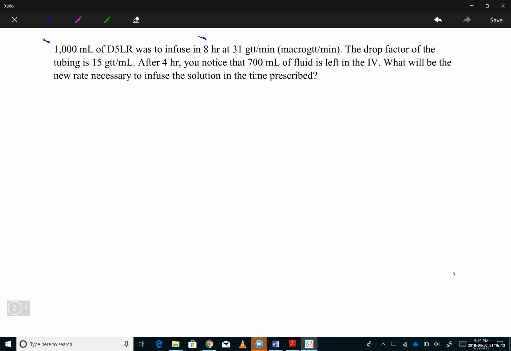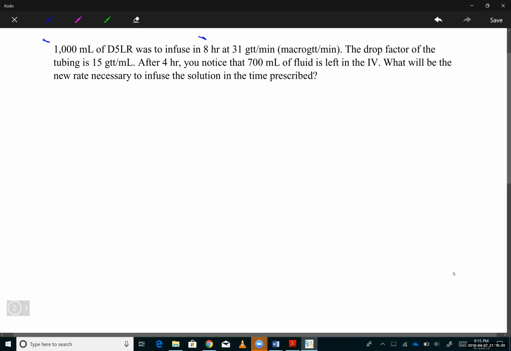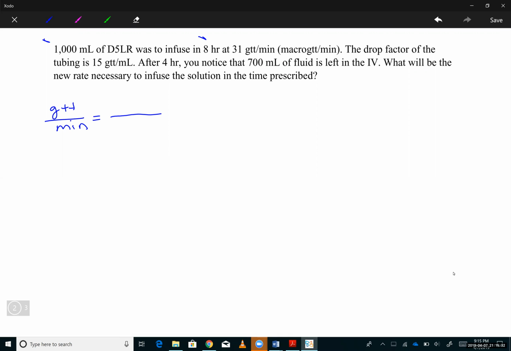When we are solving for an IV rate that has a drop factor, we know that our answer will be in drops per minute. That's where we're starting. Our first fraction needs to have drops in the numerator, in the top part.